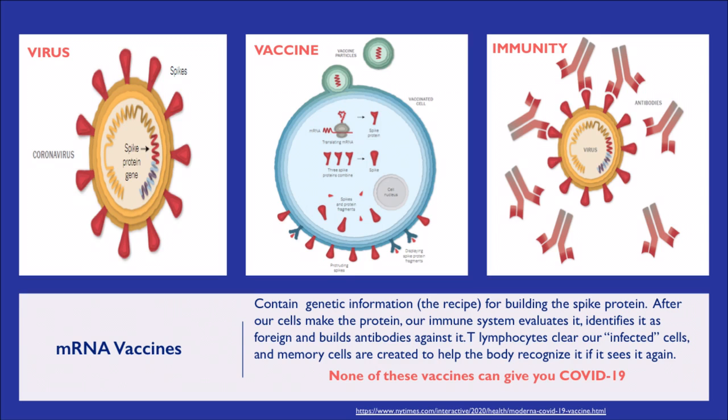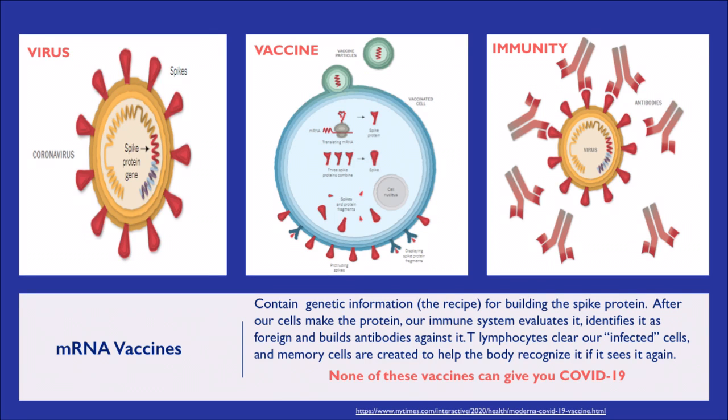Once our cells make the spike protein, then our bodies will recognize it as foreign, potentially harmful, and our immune systems will build antibodies against it. So again, notice that the vaccine only includes that part of the recipe to make the spike protein. It doesn't include the entire recipe.